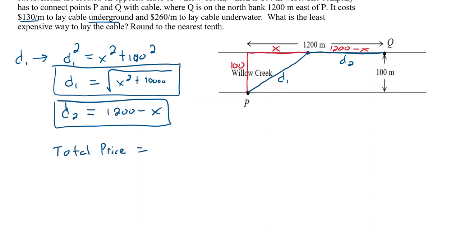The total price is going to be equal to the length of D1 times the price of going through the water, so maybe price H2O, plus the length D2 times the price of going over land.